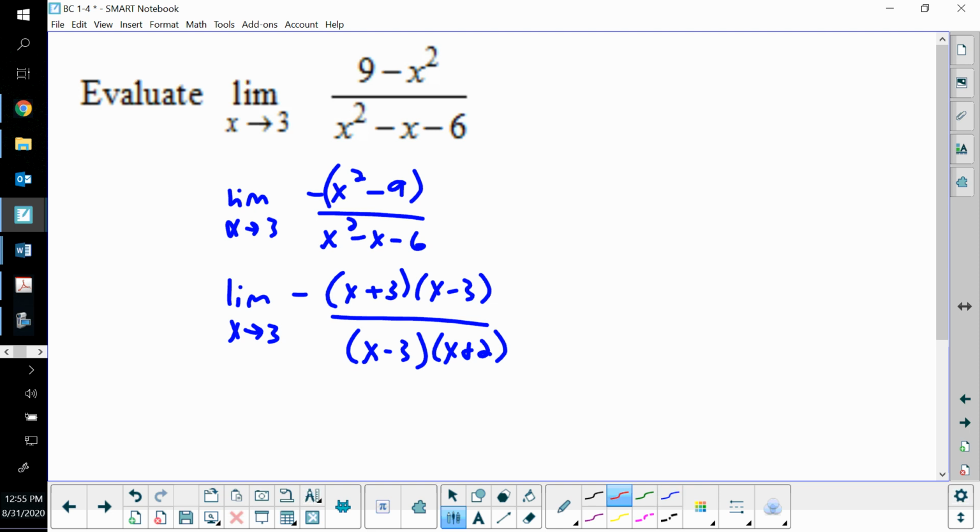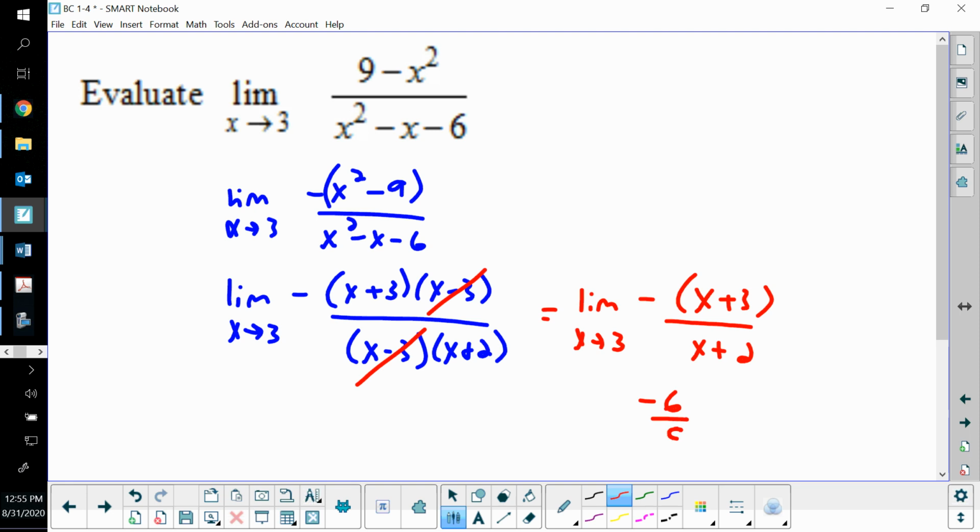The x minus 3's can divide out. Now remember, graphically what that would mean is that x minus 3, x equals 3, there would be a hole in the graph. So that limit is equal to the limit as x approaches 3 of minus the quantity x plus 3 over x plus 2. And this is now something we can do with direct substitution. This will end up giving us minus 6 over 5.